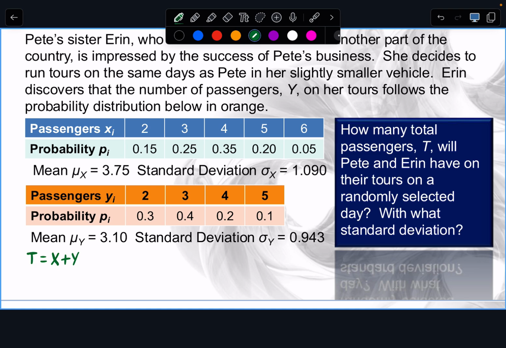So when I add my variables together, if I want to calculate the mean total, the formula said take the mean of x plus the mean of y. Just do exactly what we expect. So I'm going to take the 3.75 plus the 3.10.